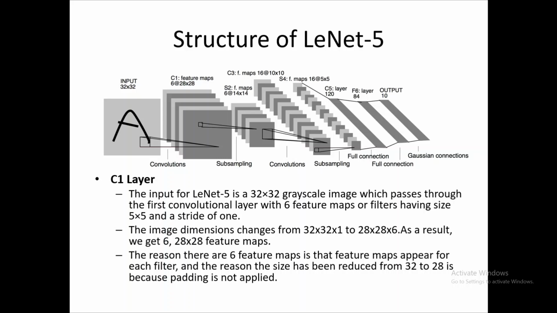There are 6 feature maps because a feature map appears for each filter, and the size has been reduced from 32 to 28 because padding is not applied here. So in the C1 layer, we see a 28 by 28 image with a depth of 6.